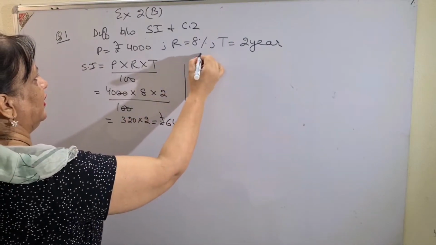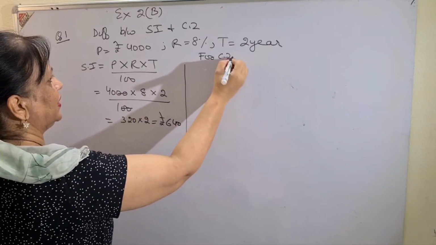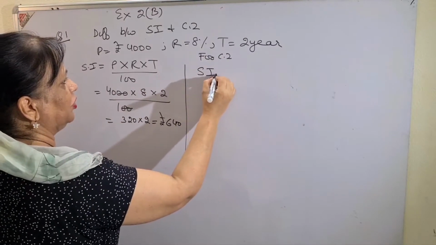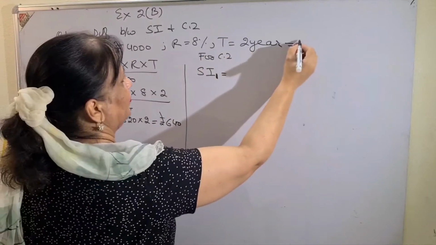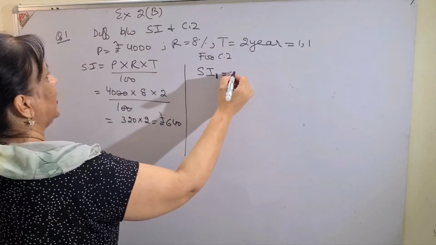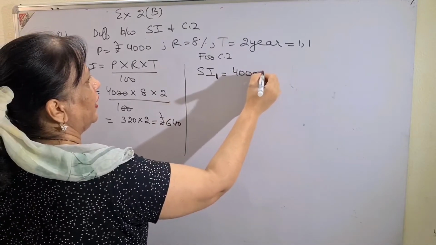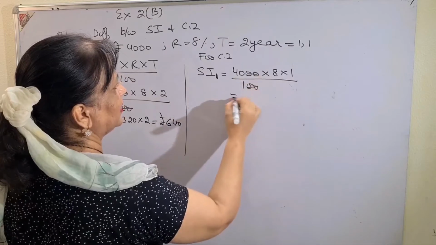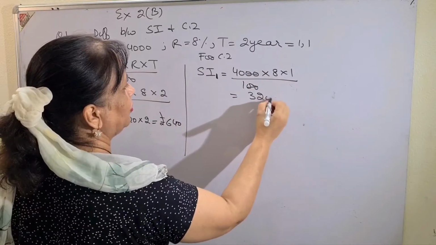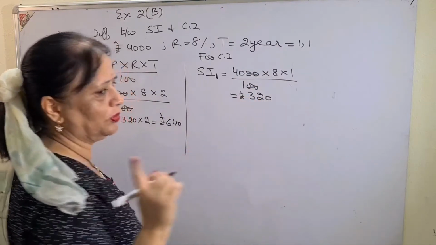Now for CI, I am writing here for CI, be careful children, same formula but now you will write SI1 because now I am going to take time 1, unit wise. SI1 is 4,000 into 8 into 1 upon 100. The first answer is 4 8 32, 320 rupees. Please be careful about rupees.